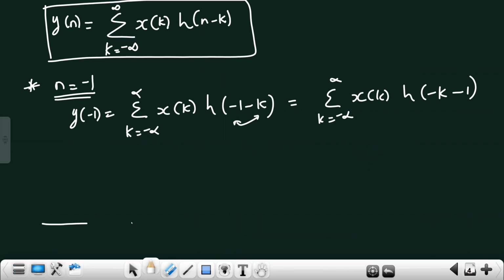So from figure 2, you will be drawing h of minus k minus 1 by shifting the graph towards left, so that it will start from -4.